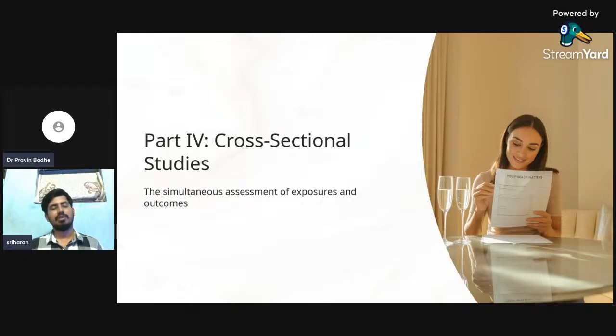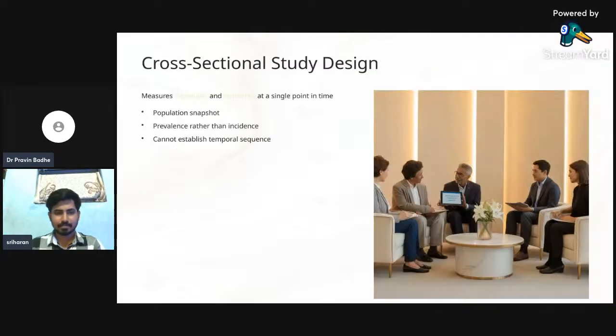The last observational study is the cross-sectional study. It follows a different way from the earlier studies. In this study we assess the exposure and outcome simultaneously at a single point in time.